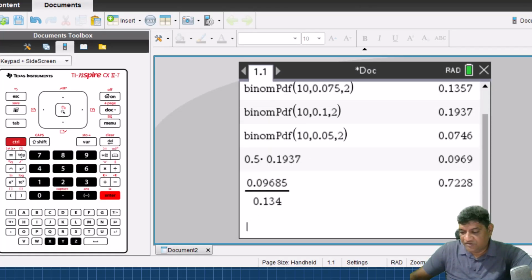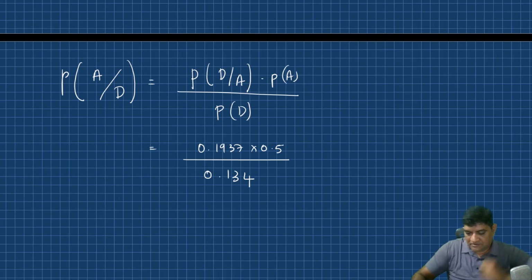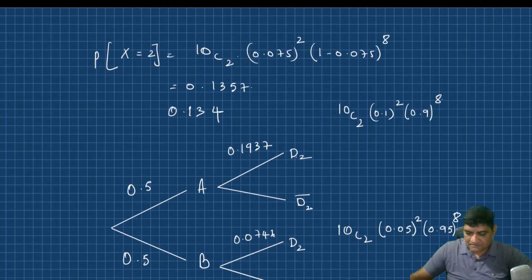And that gives me 0.7228. I can write it as 0.722. All right. And this is for 3 significant figures. And that's your solution for the question.